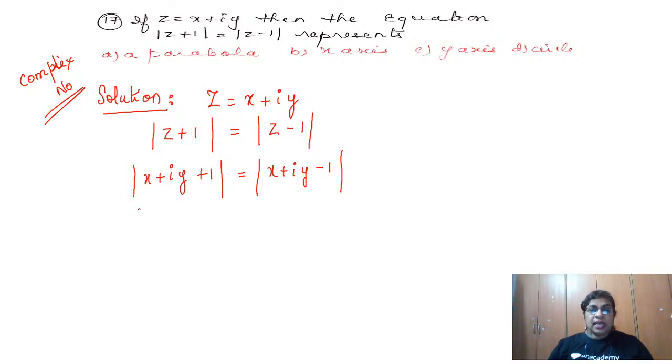So I group the real numbers together. I am getting x plus 1 plus i into y, is equal to, here what are the real numbers? x minus 1 plus i into y.